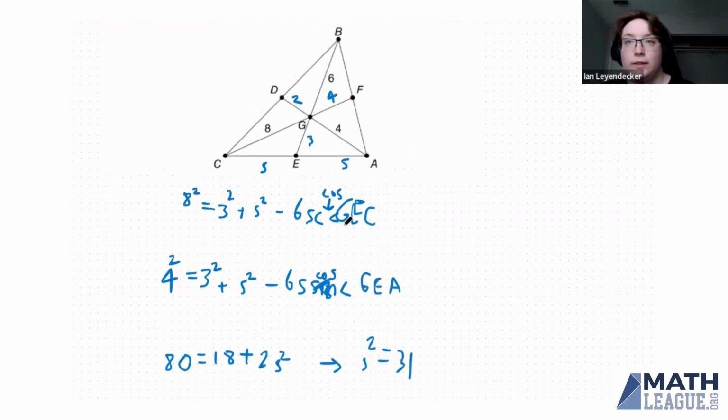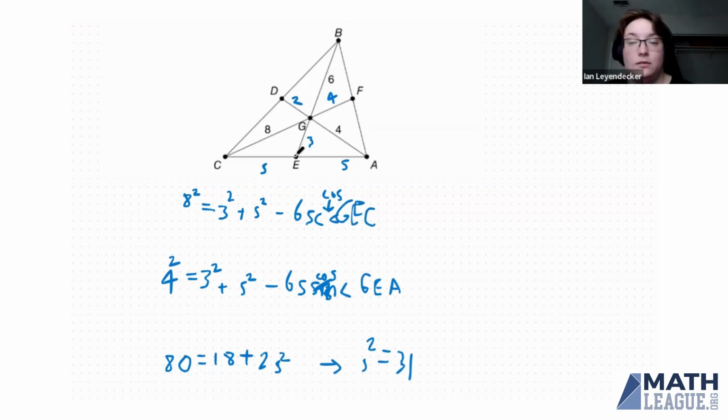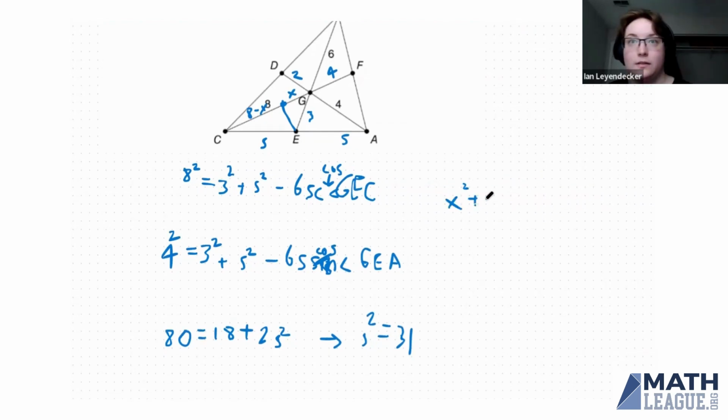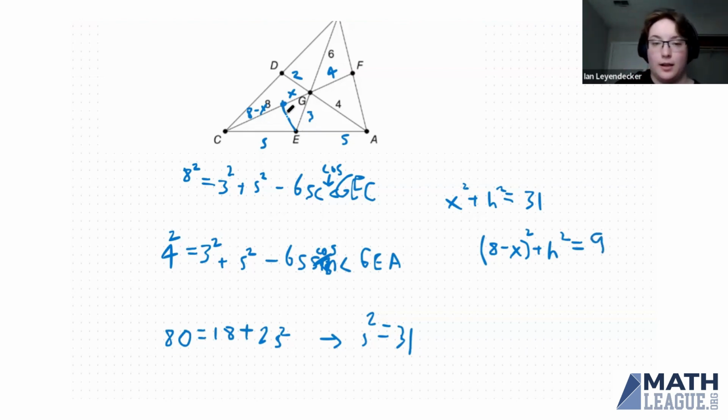Now, if we were to drop an altitude of length h from E to CG, and we were to call the smaller side x and the larger 8 minus x, then by the Pythagorean theorem, we're going to have that x squared plus h squared equals 31, and that 8 minus x squared plus h squared equals 9, where h is the height of the triangle EGC with base CG.